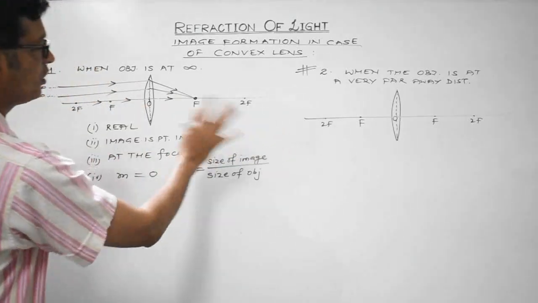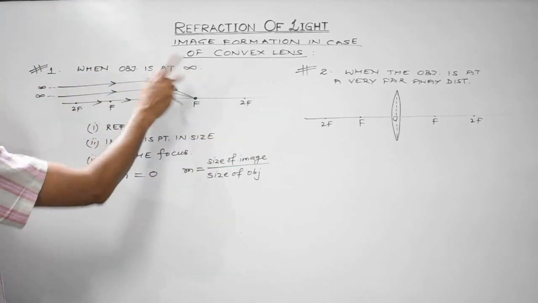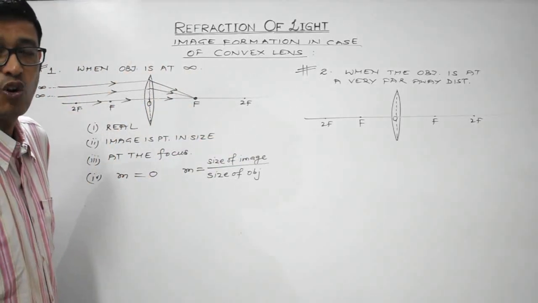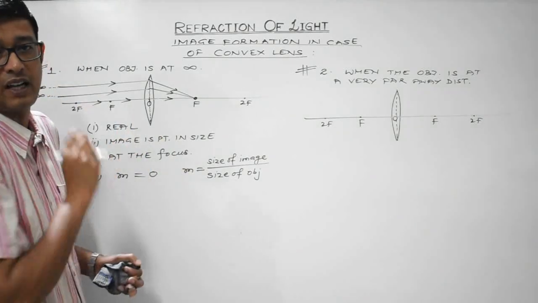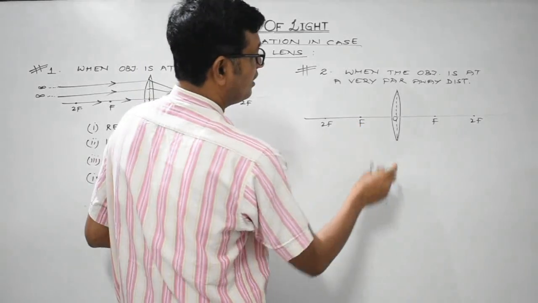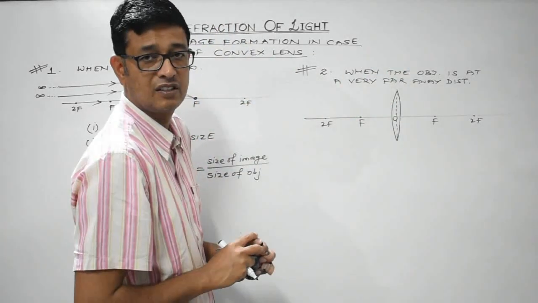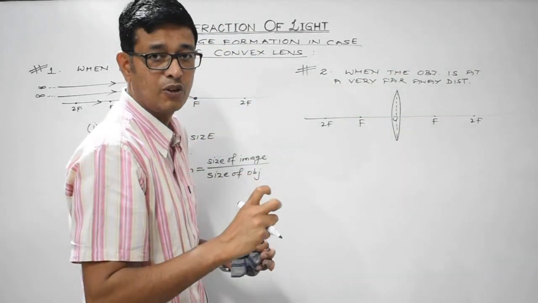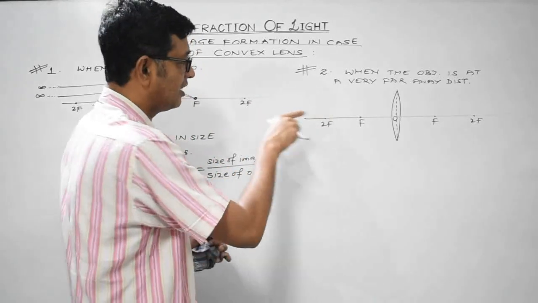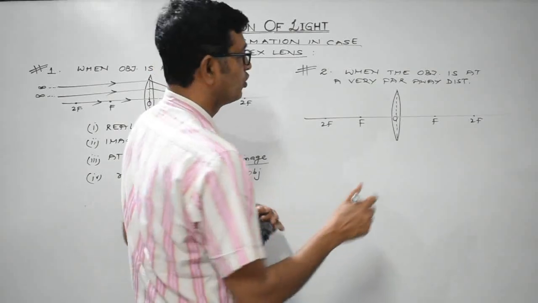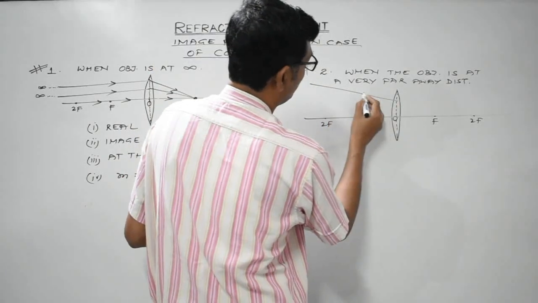Now, the basic difference between these two. When the object is at infinity, all the rays are parallel to each other as well as parallel to the principal axis. In this case, the object is at a very far distance, so the rays coming from the object will be parallel to each other, but not necessarily parallel to the principal axis. So the diagram would be somewhat like this.